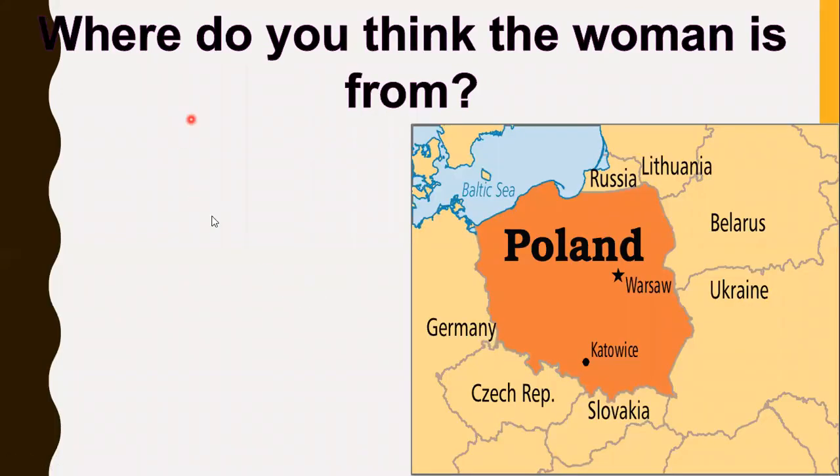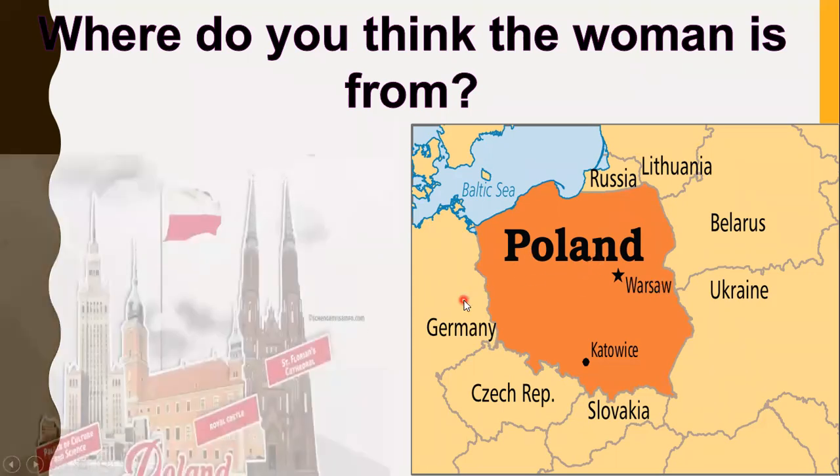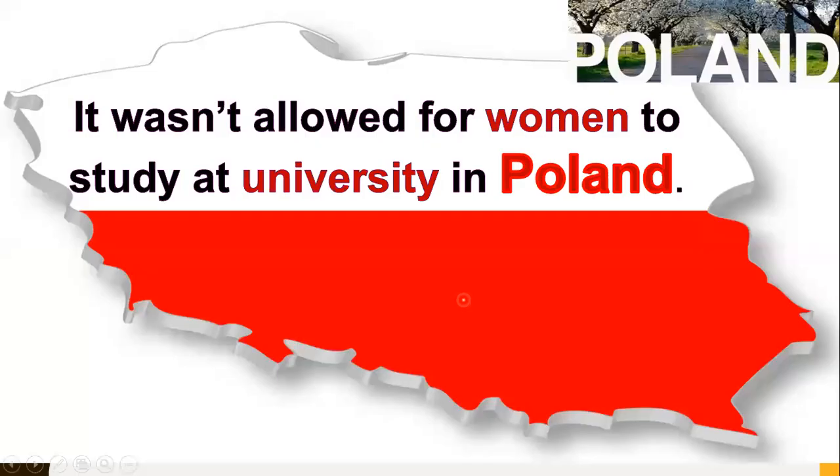So where do you think Marie Curie is from? She is Polish, from Poland. It wasn't allowed for women to study at university in Poland at that time when Marie Curie was there.